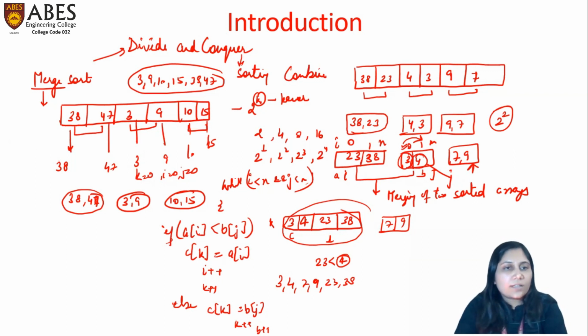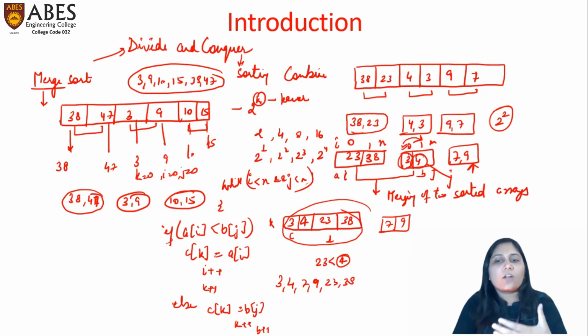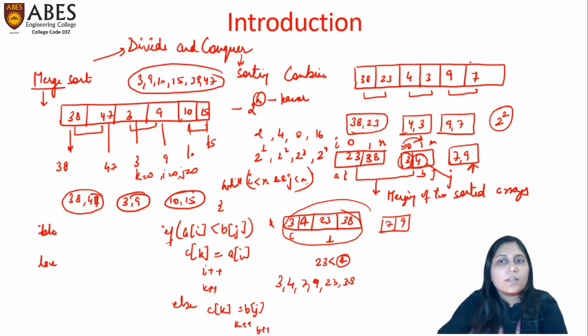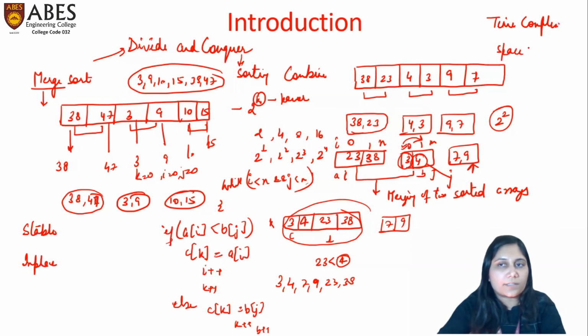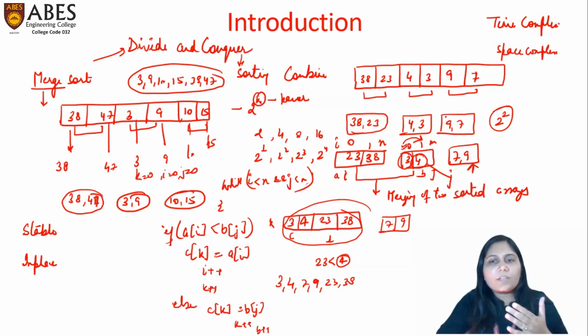But now the question arises, because for any sorting algorithm, this is the most important question which we need to answer: there are two things, which are stable and in place. Because when we consider certain things, we have to be very clear about our time complexity and space complexity. We have already discussed, because we have now gone through so many videos and we are learning about data structures, that there is a concept called time-space trade-off.